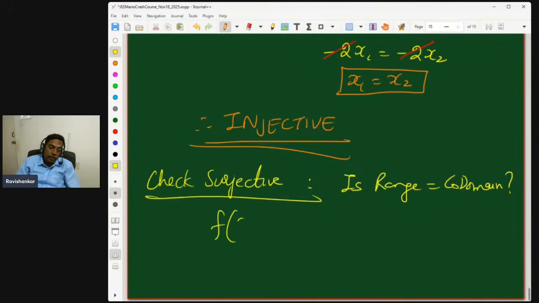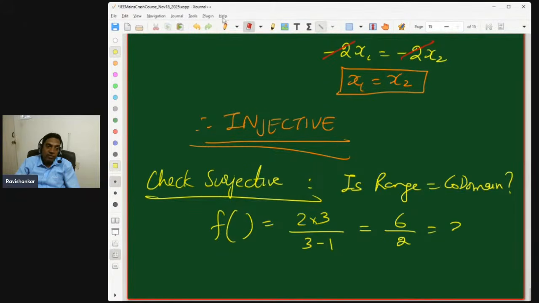Suppose you find f of 3, which is nothing but 2 into 3 by 3 minus 1, which is 6 by 2. Okay, I will take 5. Nothing wrong with 3, I don't want an integer because that will confuse. So 10 by 4, which is 5 by 2. Now 5 by 2 is a perfectly fine, valid real number.